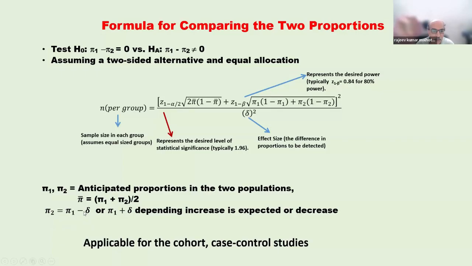So this is my hypothesis. Or if I say I have a 90% success rate, and I am increasing the success rate by 5% more, that is 95%, in that case the new treatment has a 95% success rate. So the plus and minus depends on whether there is an adverse effect or a beneficial effect. So your hypothesis will change accordingly.